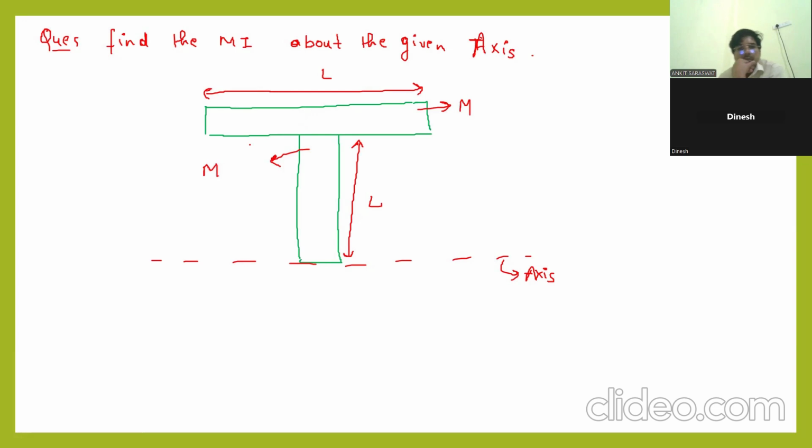You can use it, but you know very well that you need to find the moment of inertia about this axis. Wait, I'm telling. One minute. This T is made up of two rods.